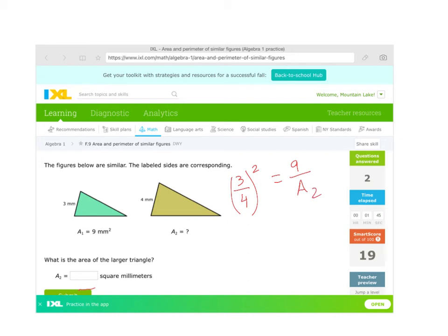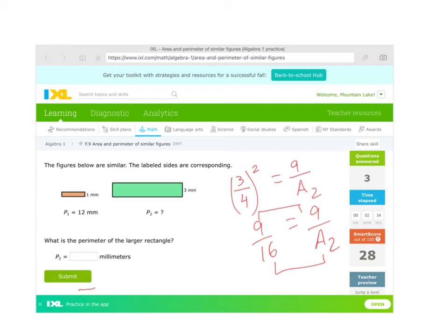So let's solve. What's 3/4 squared? It's 9 divided by 16 and 9 over something. If you solve this, you see the 9s are equal, so these two need to be equal. And you can even use any method you prefer. When we solve, we get 16.